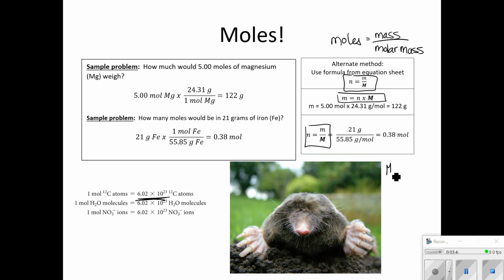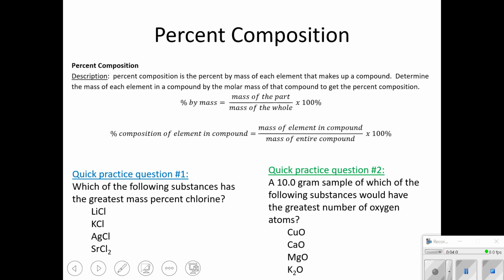So if you want to solve for molar mass, molar mass is grams per mole. So it would be the mass divided by the number of moles. So there's various things you could think, would that be helpful for me to write down? You could write out an example of a mole calculation if you think that'd be helpful. And if you don't think you need it, then you don't have to include it in your notes.